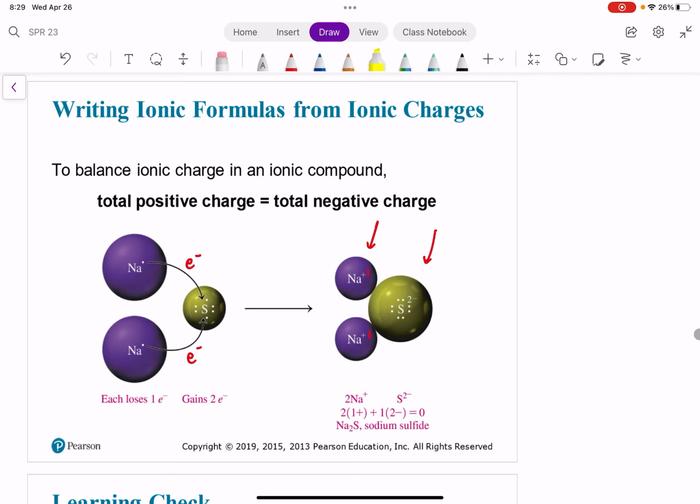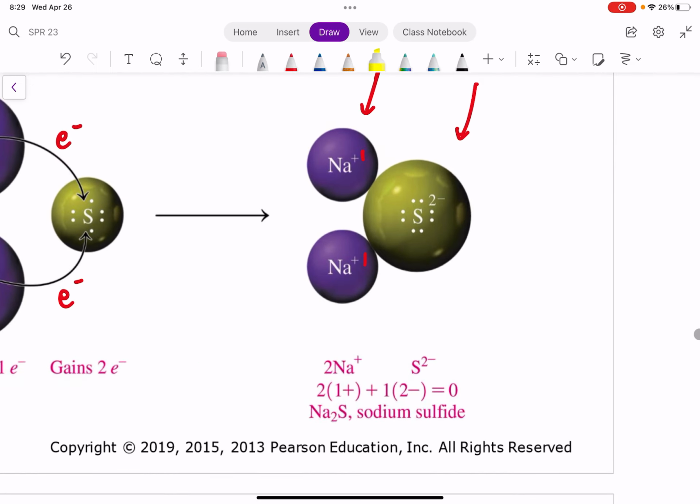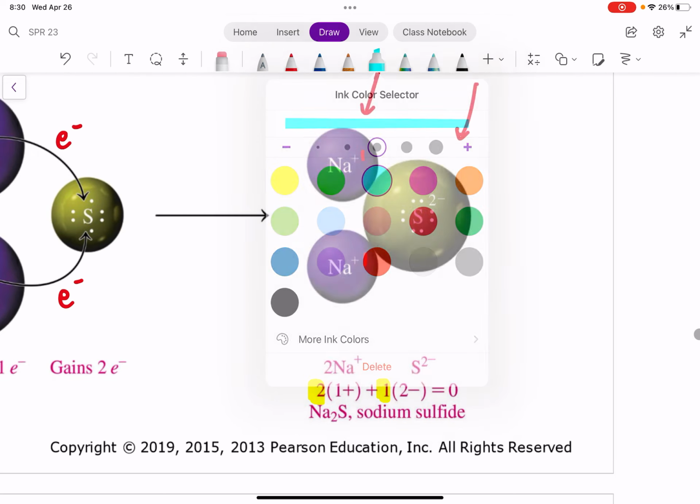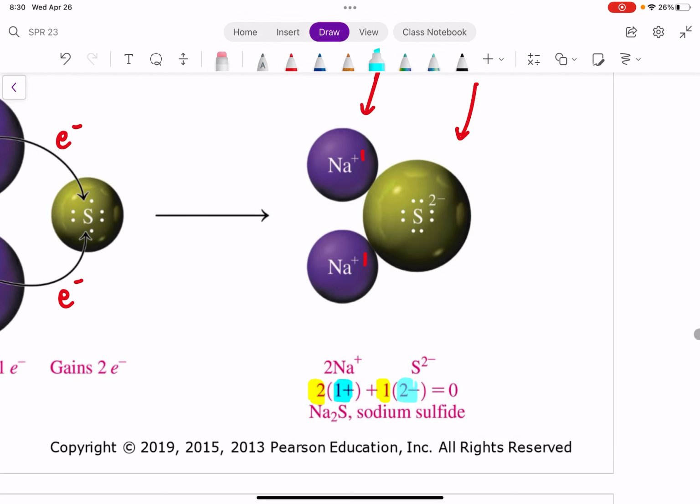So in order to calculate this out, you're multiplying the number of ions you have by the charge on each individual ion. Let me say that again. You're multiplying the number of ions you have by the charge on each individual ion.